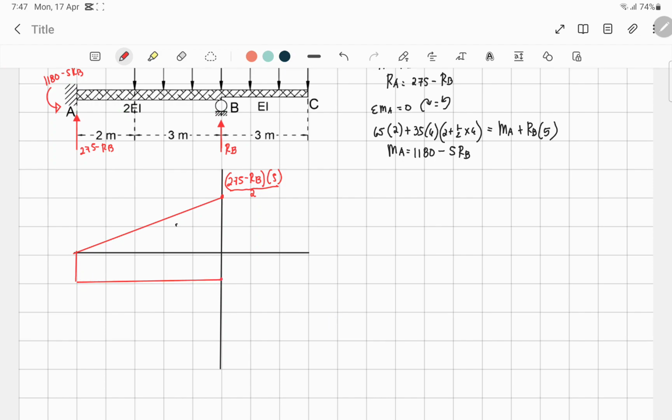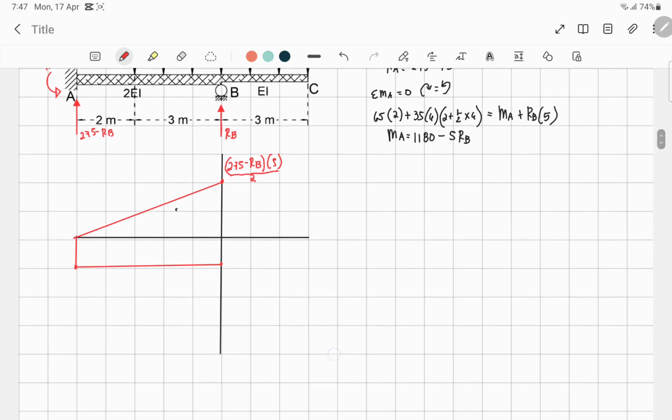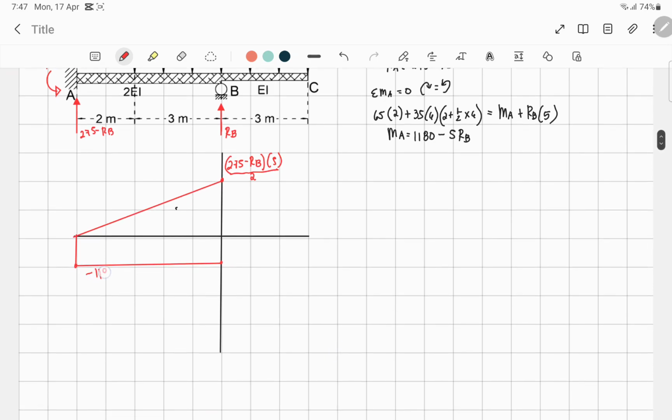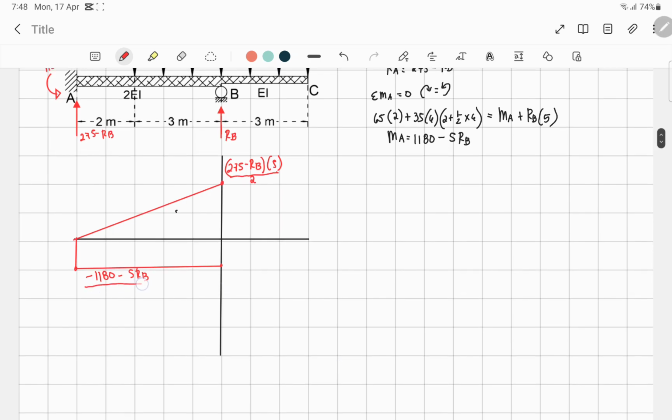Ayan. So this magnitude is negative 1180 minus 5RB. Okay. And then since nandito pa rin siya sa segment na AB, therefore, i-divide ulit natin siya sa kanyang flexural rigidity na 2. Tama ba?